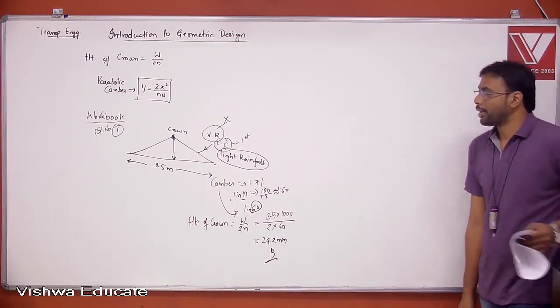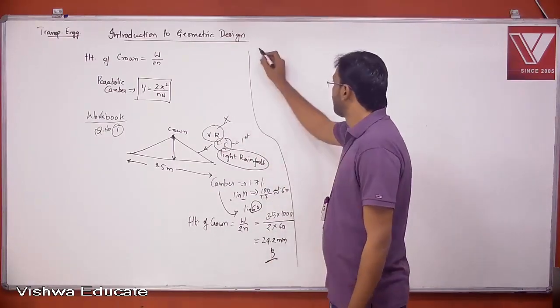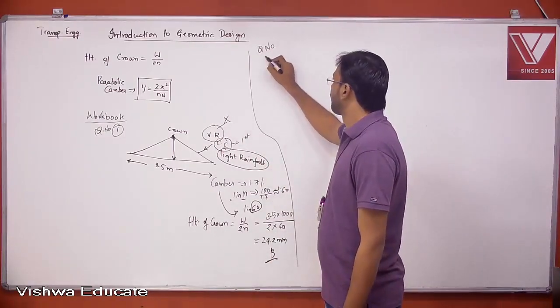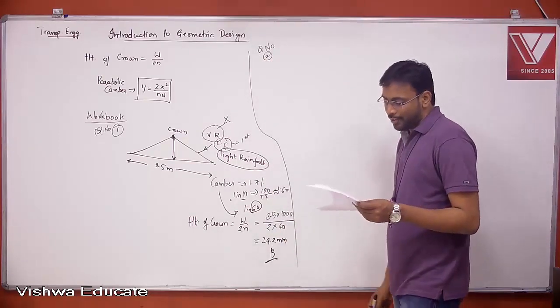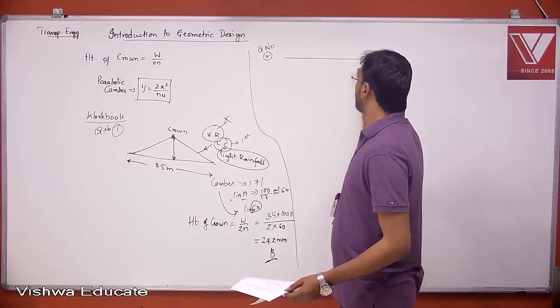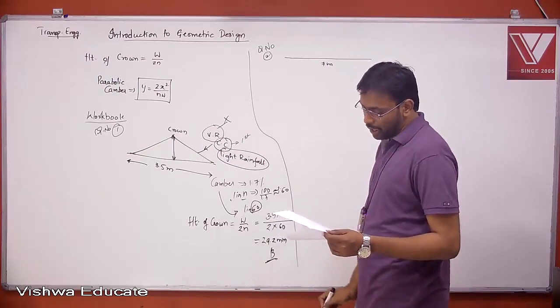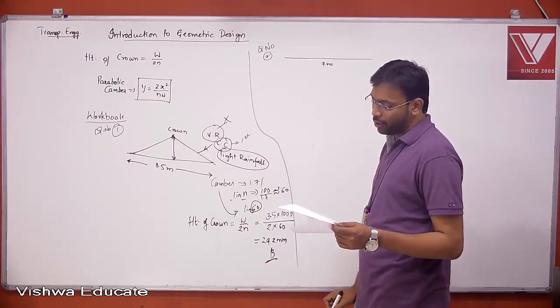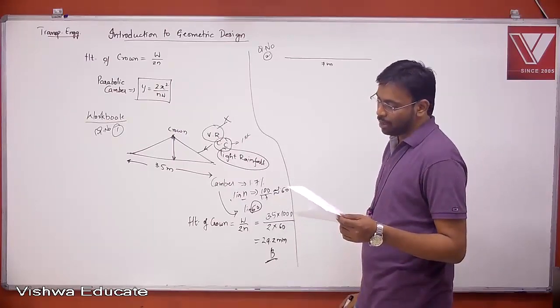Now let us do the second one. A road of width 7 meters is to be laid. I'm drawing the figure. Calculate the maximum height of the crown with respect to edges for a parabolic camber.